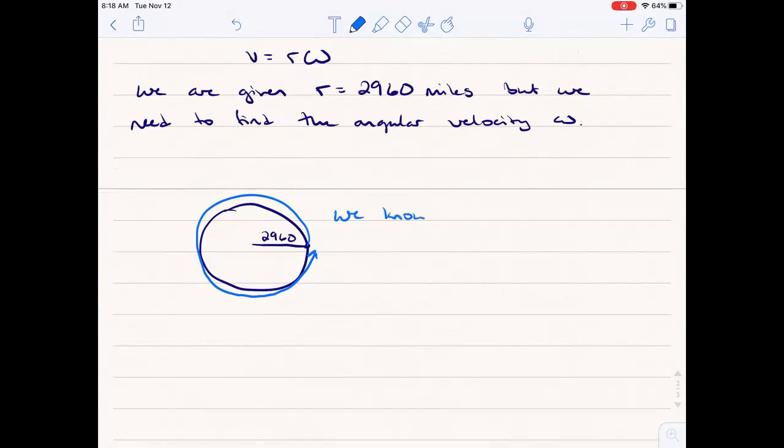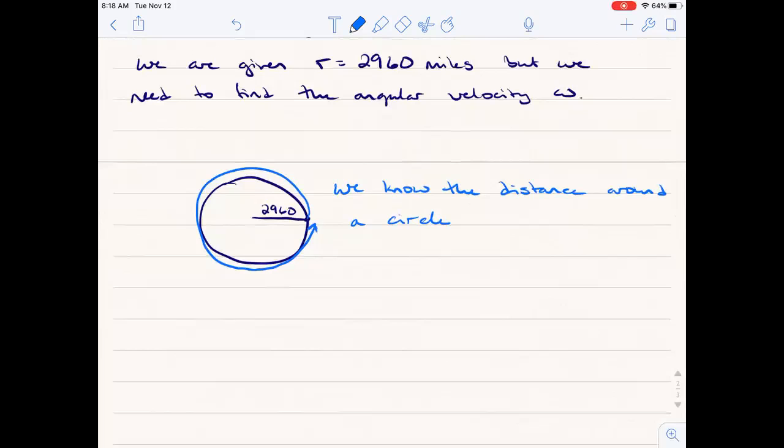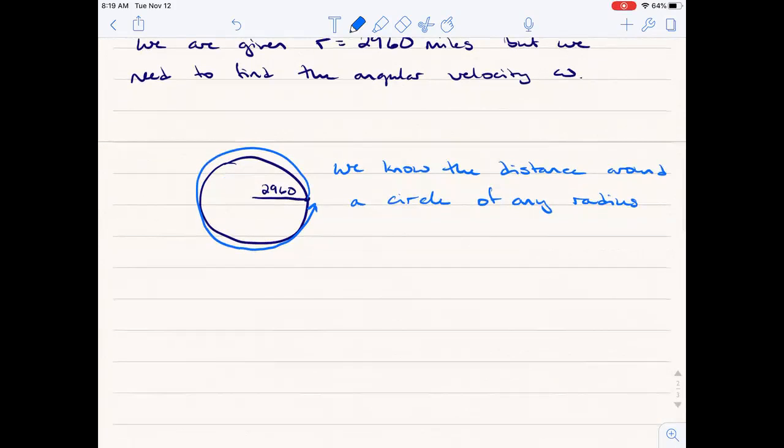That's the definition of a radian, of any radius: the distance around is 2 pi radians.